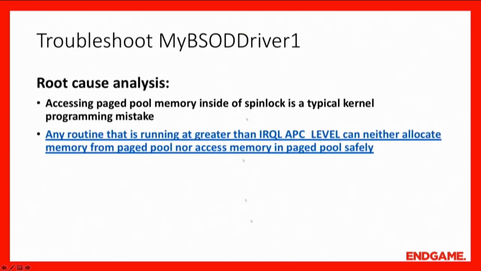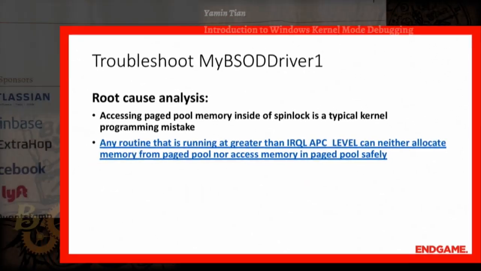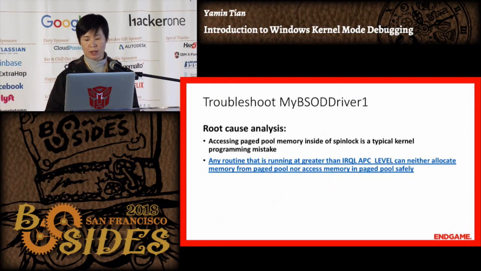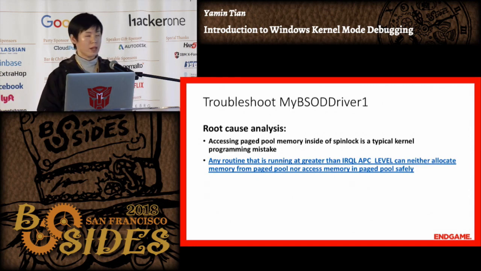Finally, we need to understand why, in that example, it is a problem. And to understand this one, we need some kernel-specific background, some core concepts to master this science, because kernel is different from user land.